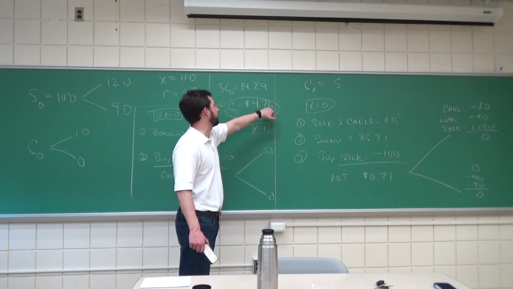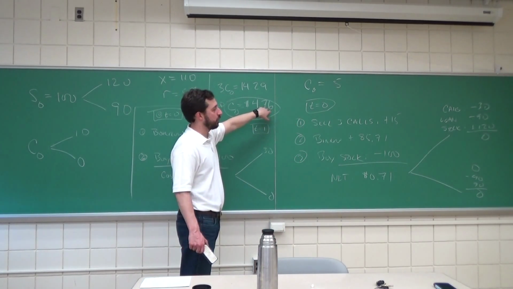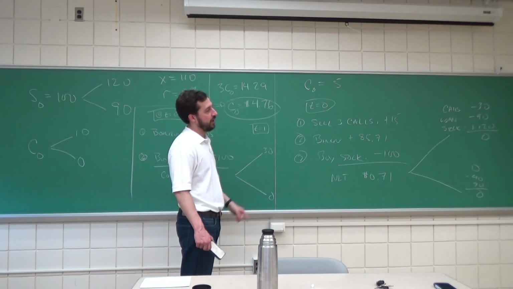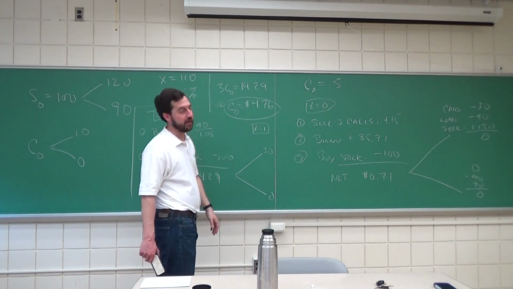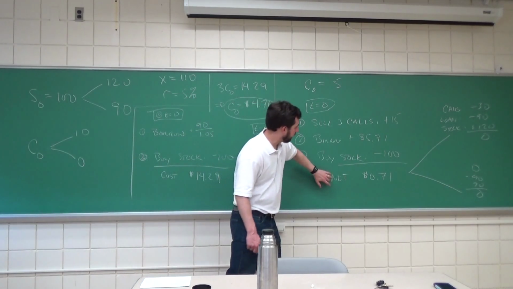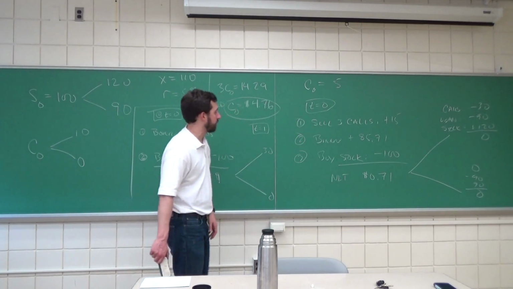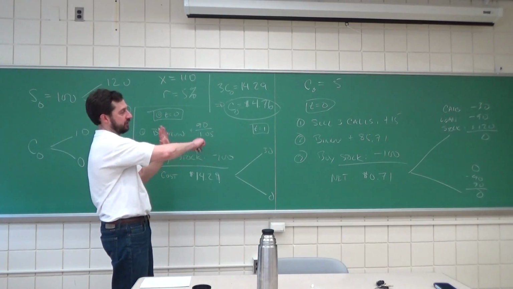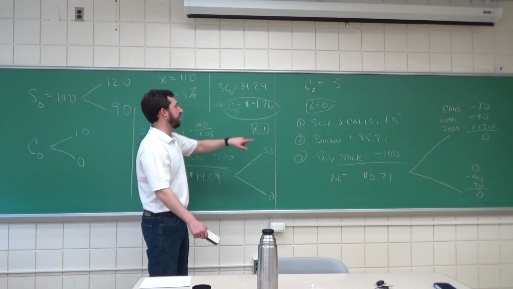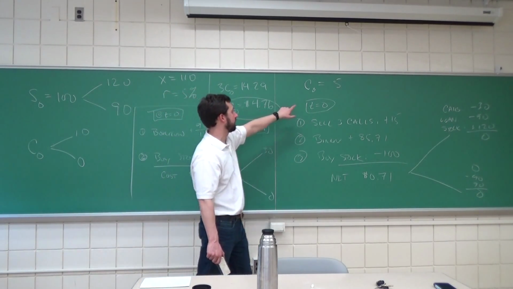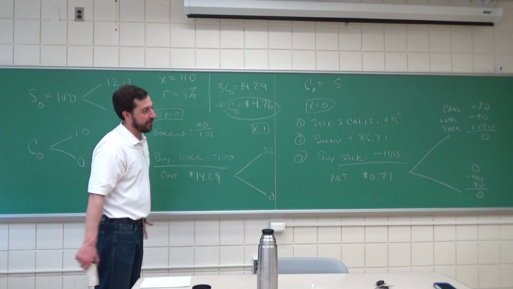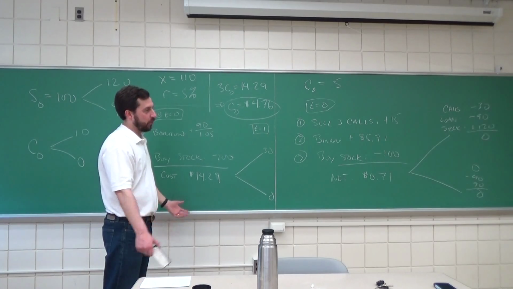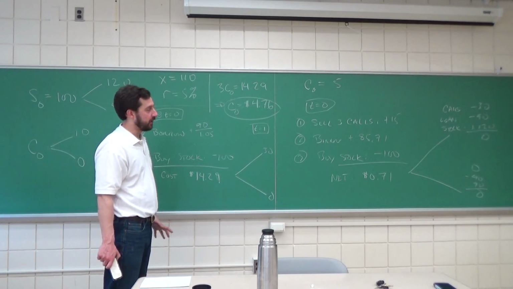If you take 24 cents times 3 options, that's 72. It's 71, 72, it's a rounding error. So we know exactly what our arbitrage profit should be. Of course, it's a matter of setting it up correctly, but the idea is we're just making the difference between 4.76 and 5. If it is any different from 4.76, we have an arbitrage. Of course, in the real world, adding in transaction costs.